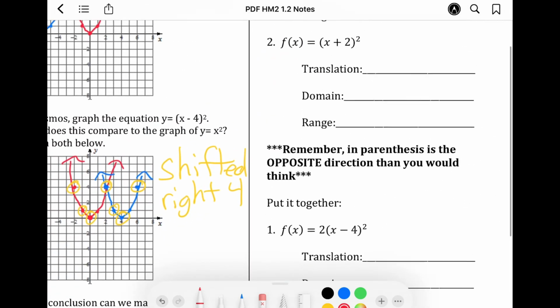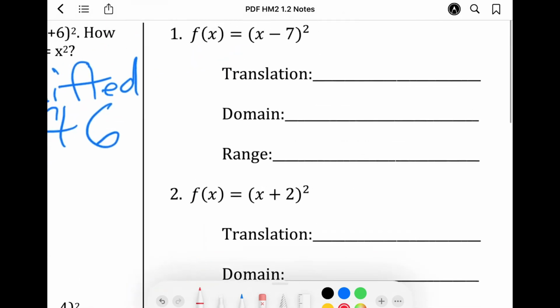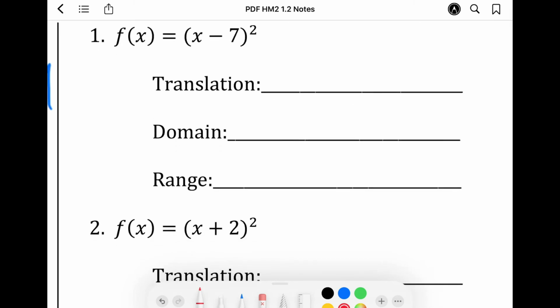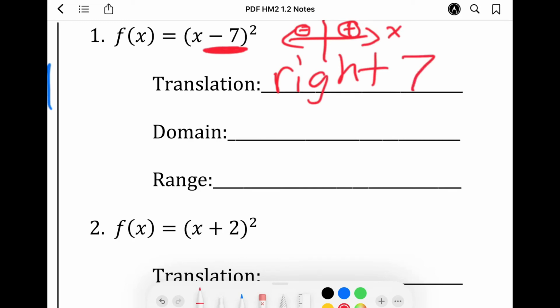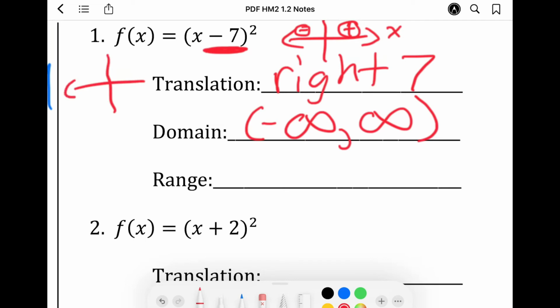So let's go over some examples. And it's all the way up here. So for number 1, we have a negative on the inside. So on the graph, on the x-axis, here are the negative x values, here are the positive x values. We're going to be moving away from the other negatives. So we're actually going to be moving right 7. So that means our domain is negative infinity to positive infinity, again, always.